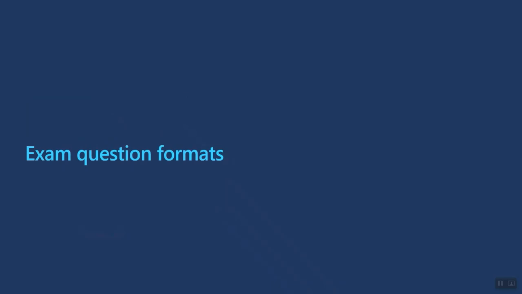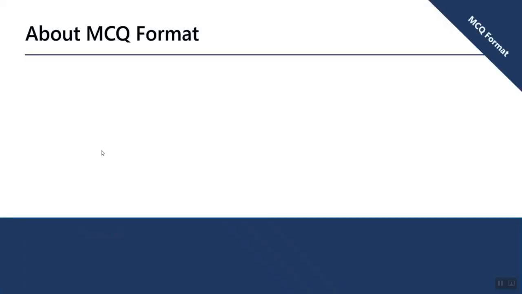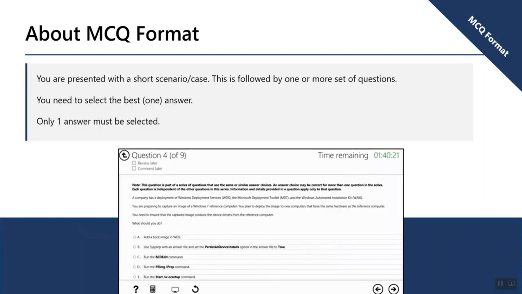So now we have seen what it takes to prepare for the PL-200 exam, the objectives that we need to focus on. The next thing to look at is the type of exam question formats. The first one is the multiple choice question format. Normally with this format, you will be presented with a short scenario followed by one or more questions.